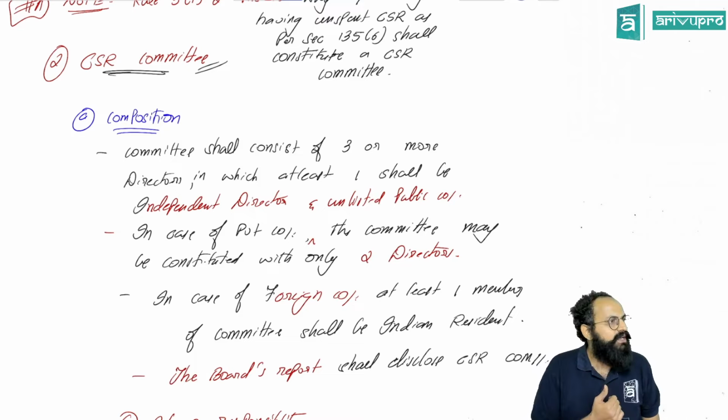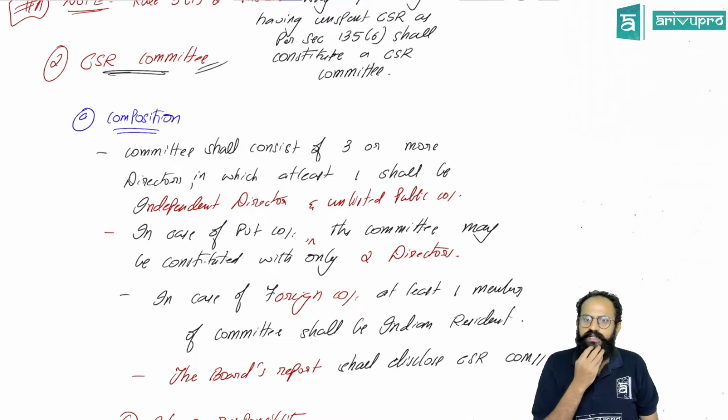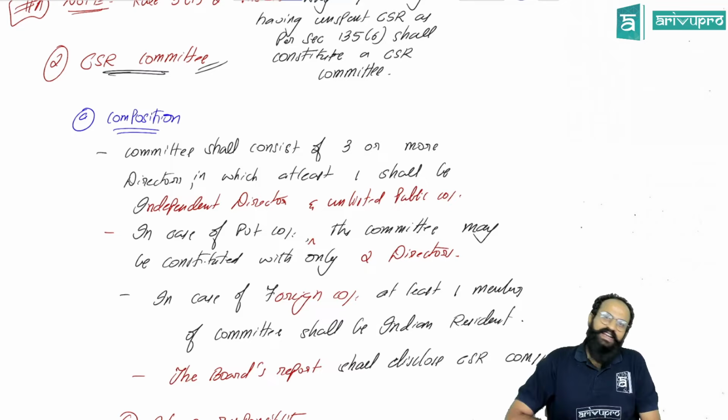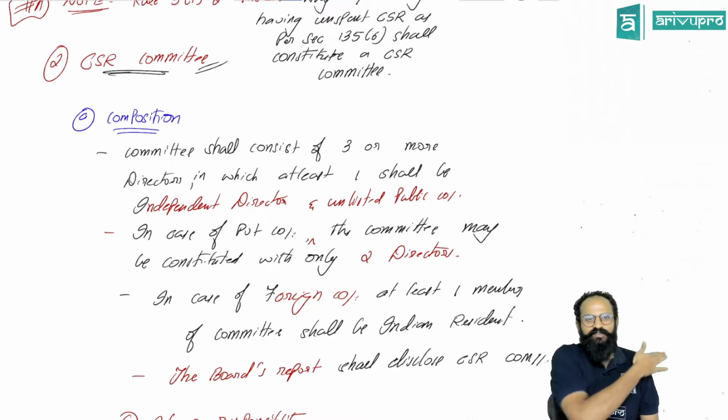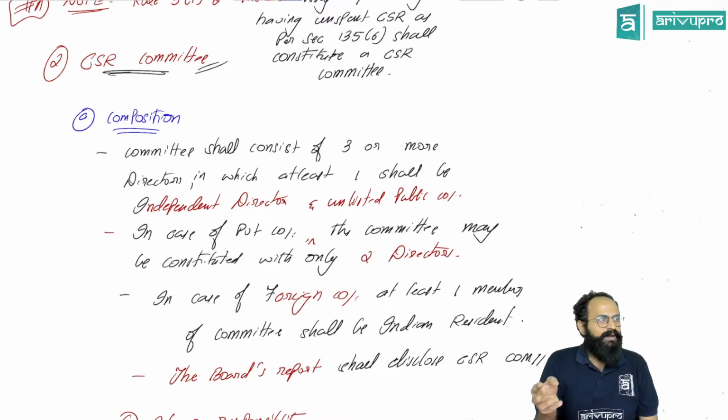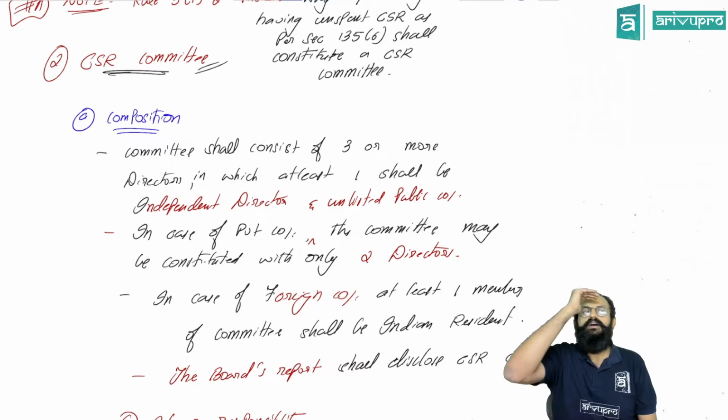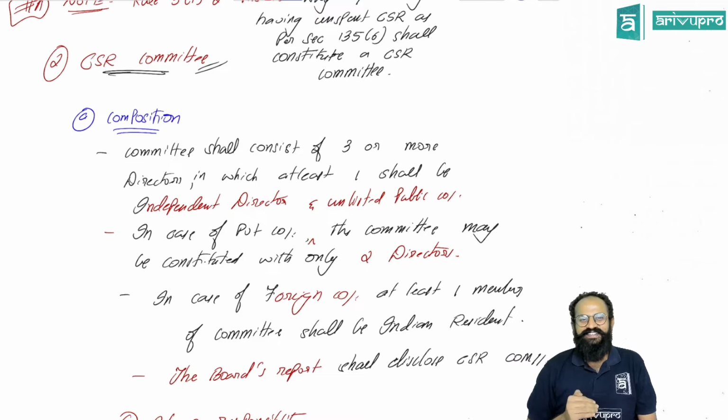However, in a private company, is an independent director mandatory? First of all, in a private company, should an independent director come? In a public company, when will an independent director be appointed? Public company, 100, 10, 250 or 50?